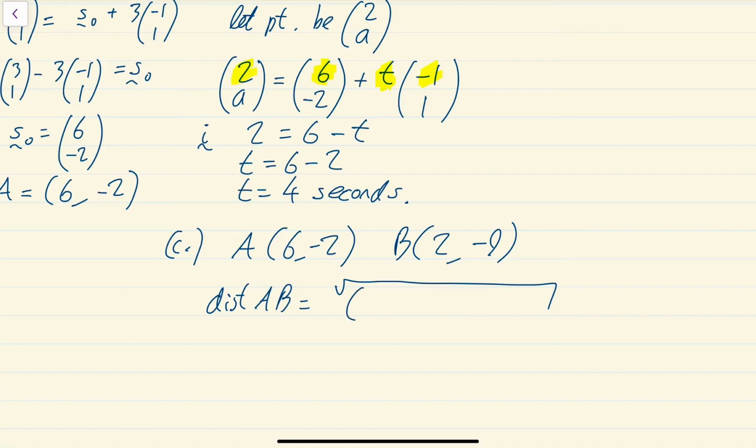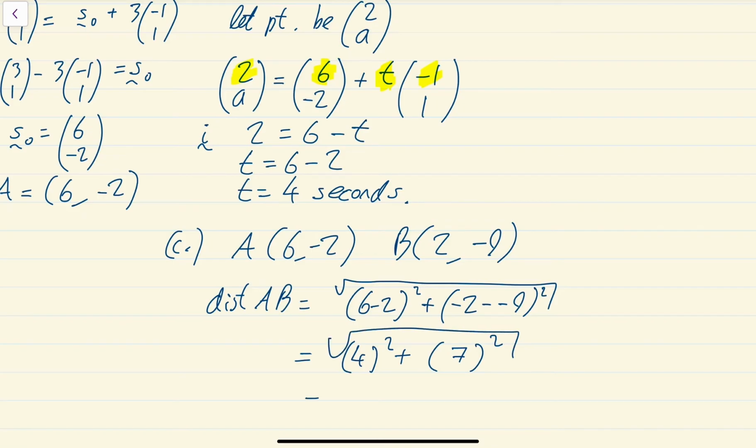Do your x difference, which is going to be 6 minus 2 squared. My y difference then is going to be -2 minus -9 squared. That just works out to be 4 squared plus, and that will be -2 plus 9, which is going to be 7 squared. And then if we did that out, we would get 8.06 meters to 3 significant figures.